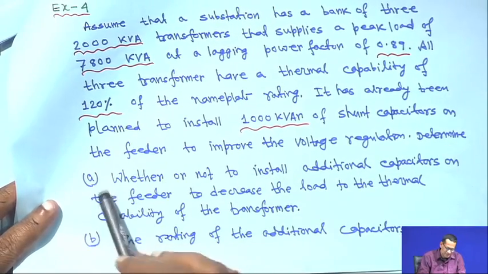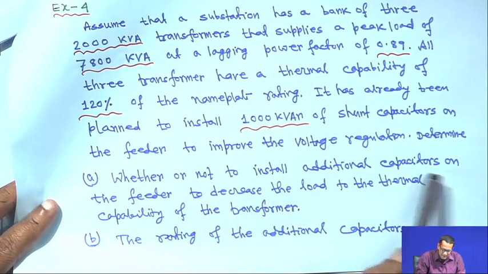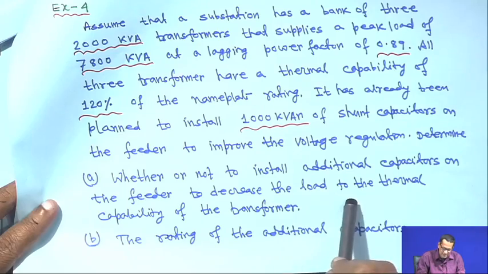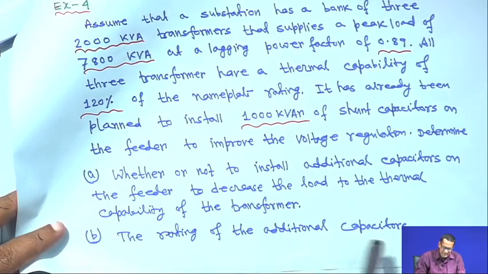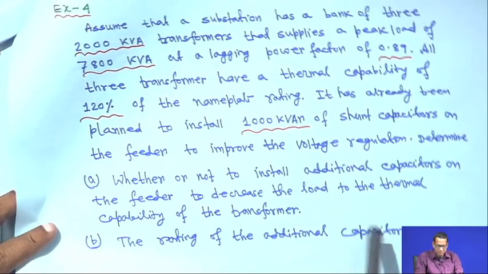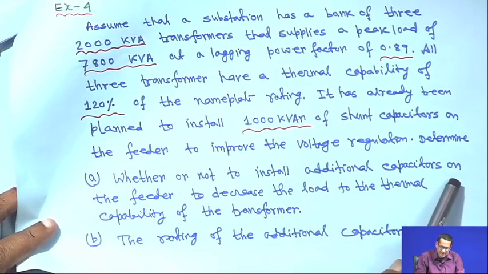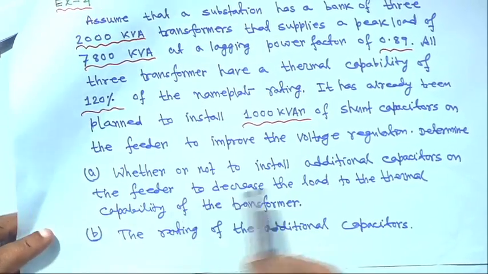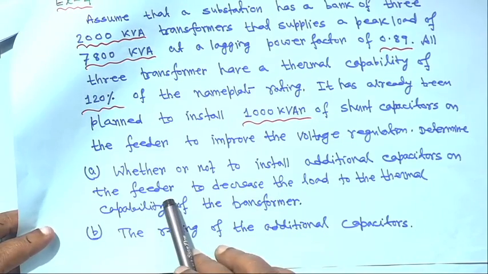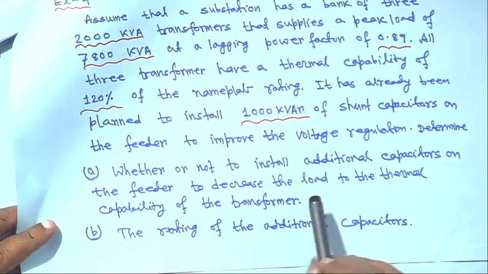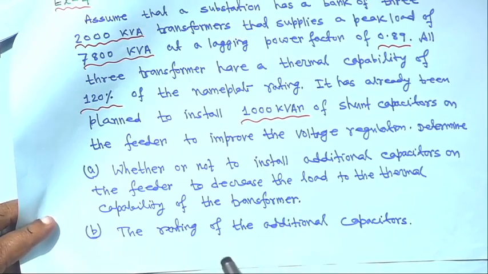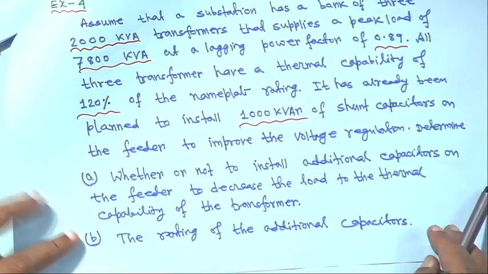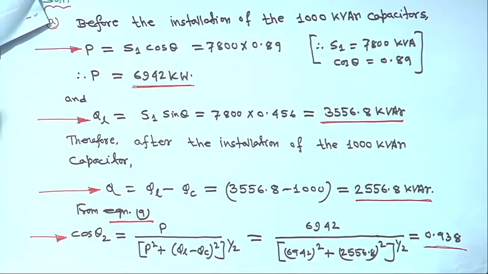So determine whether or not to install additional capacitors on the feeder to decrease the load to the thermal capability of the transformer, and the rating of the additional capacitor. If so, what will be the rating of the additional capacitor?